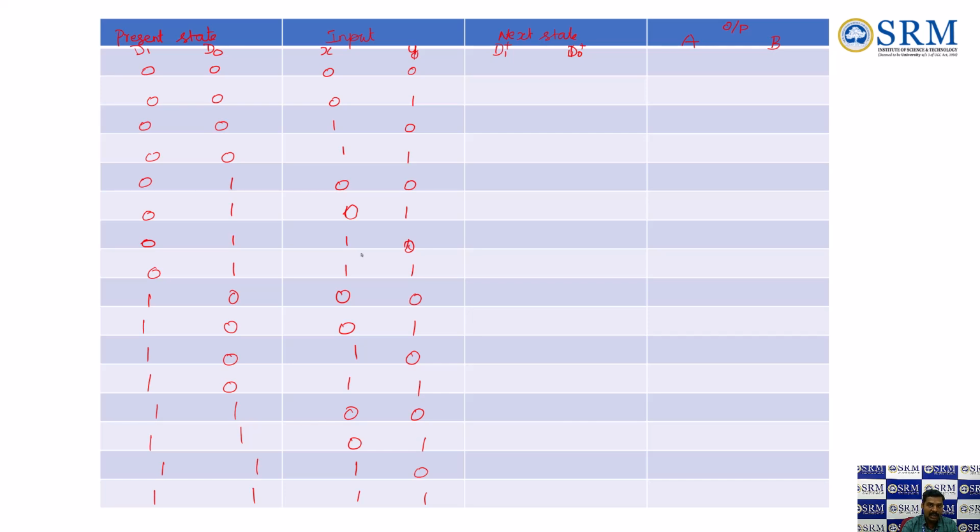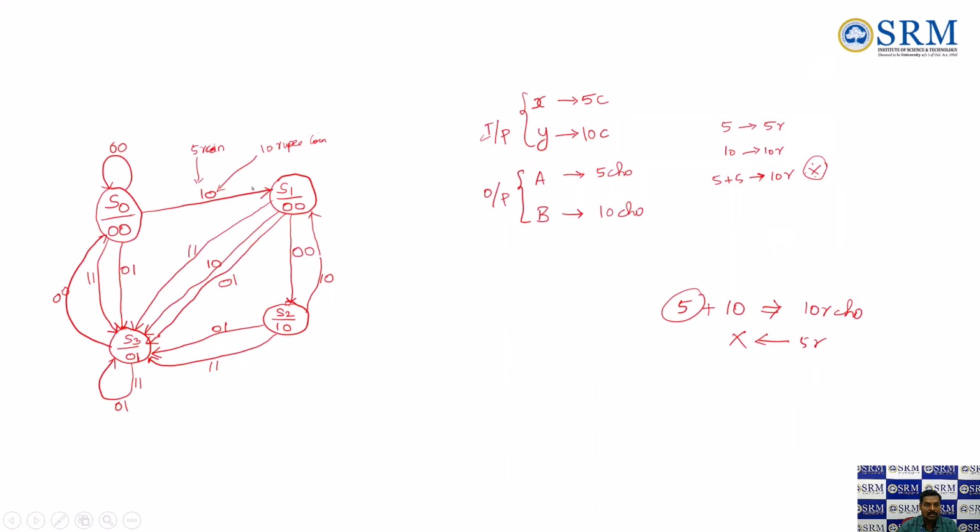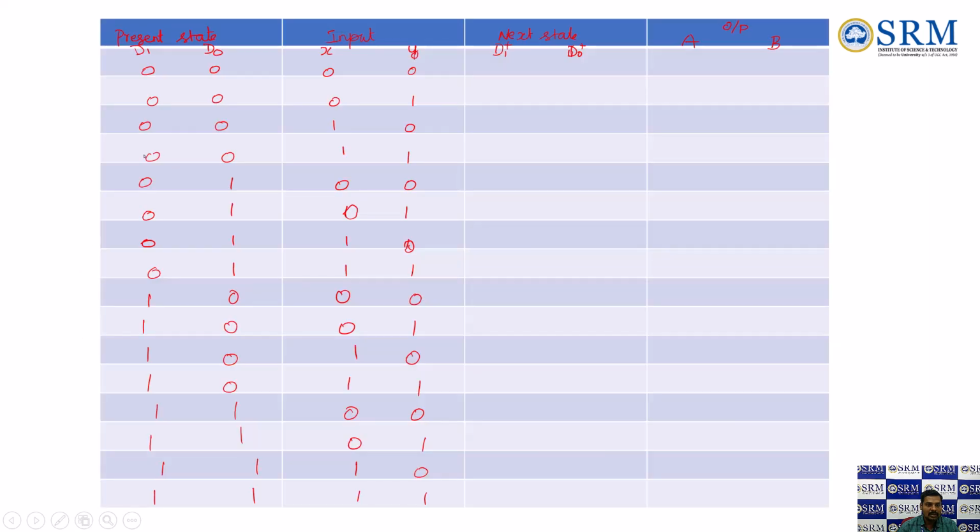Then the next state can be analyzed here with the help of the state diagram. When both the inputs are 0, now we can go back to the state diagram. When both the inputs are 0, what was the output? The output is also 0. Got it? So the output here is 0, 0. Next, compare.